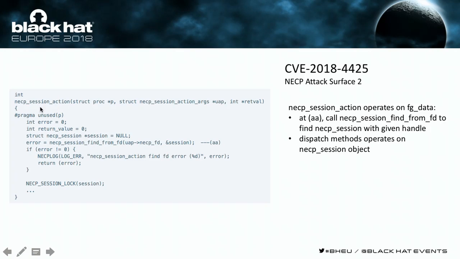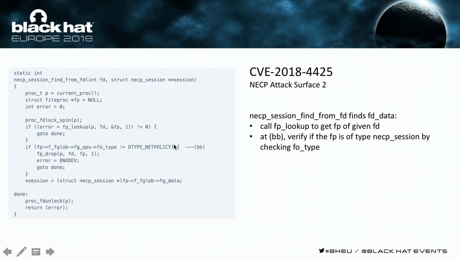Let's see NECP session action. With the given handle, it will get the corresponding NECP session object. Let's see how it gets this object by your handle. Oh, it's almost the same as the previous one.